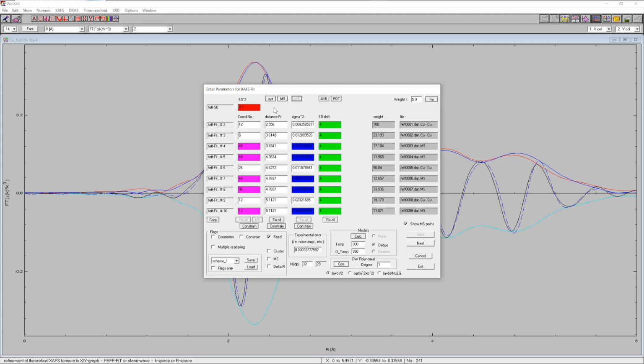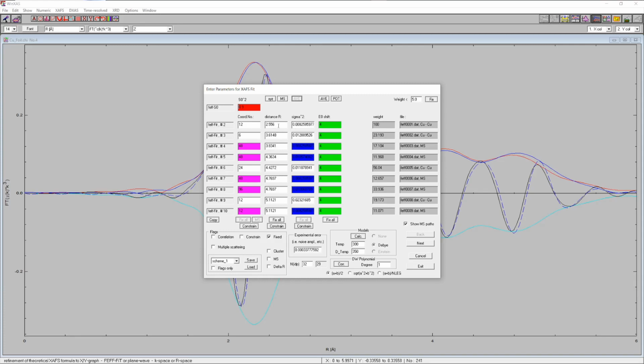Well, the available options are basically an expansion coefficient, which is the XYZ button here. This XYZ button basically uses only one parameter as an expansion coefficient, and then based on those parameters calculates the distances of all the single and multiple scattering paths in this refinement. This is one option.